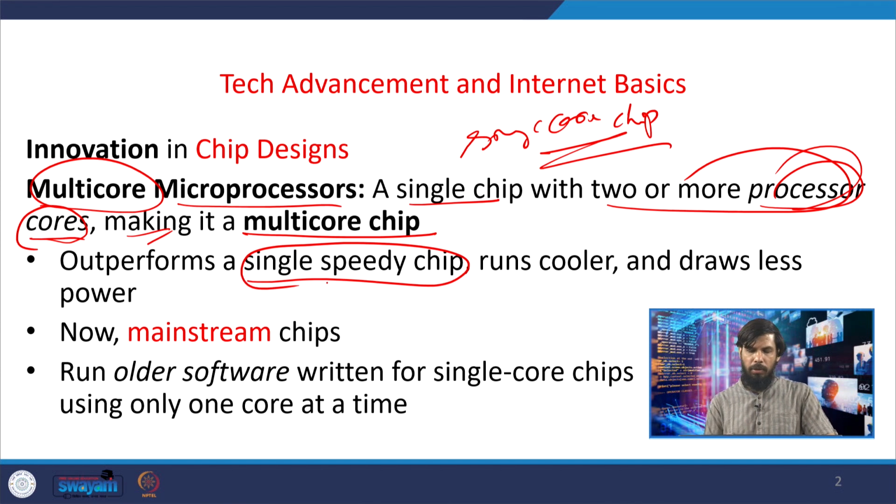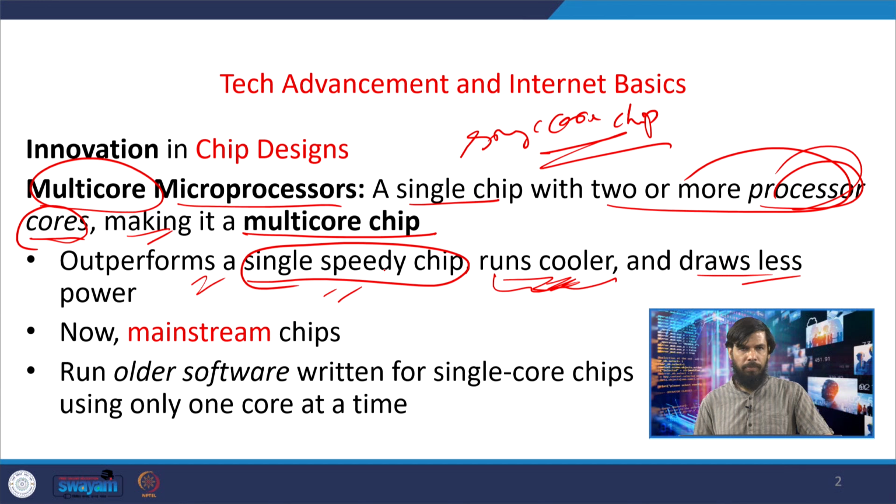And it runs cooler and draws less power, because the processing capability is now distributed across multiple cores, and therefore there would be less load taken by individual processing cores, and therefore more likely it will run cooler and draw less power. Overall it outperforms a single speedy chip, right.